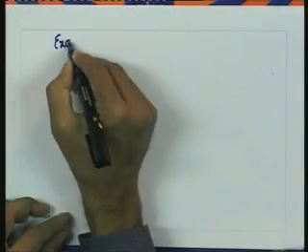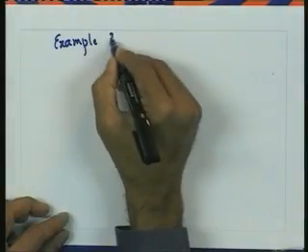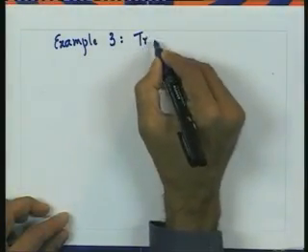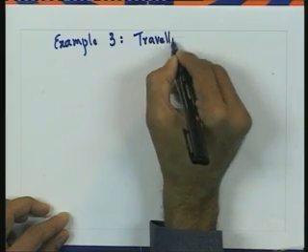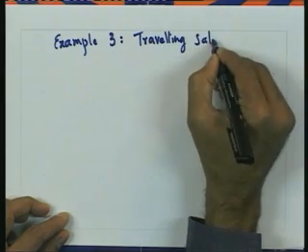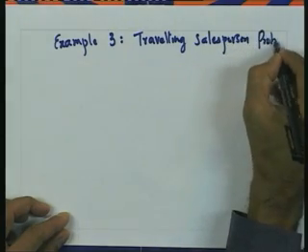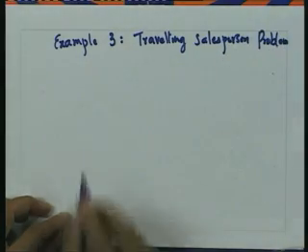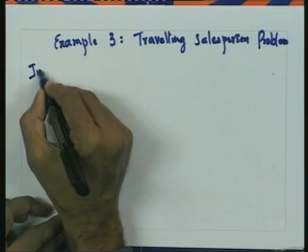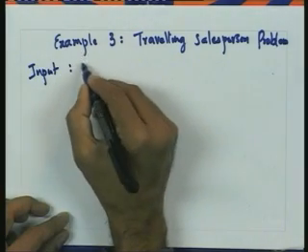Let me give you one more example. This is another classic example, the so-called traveling salesperson problem. The input over here is a weighted graph.